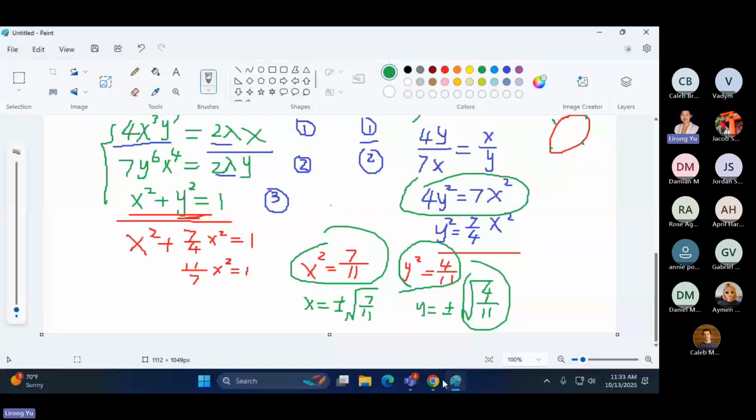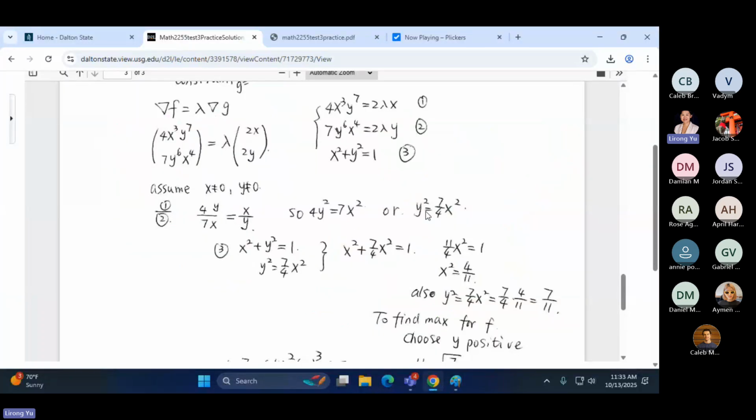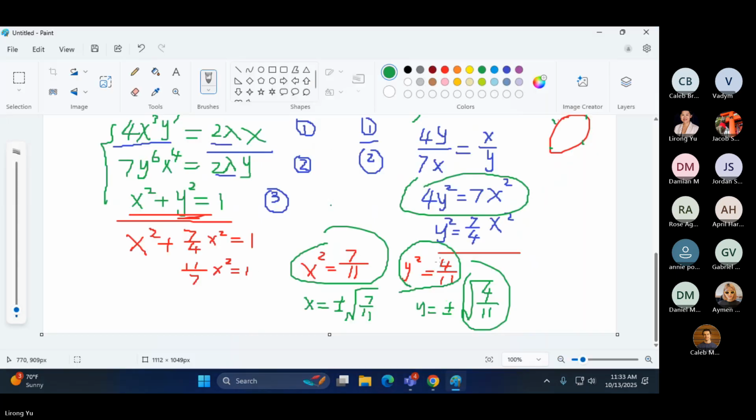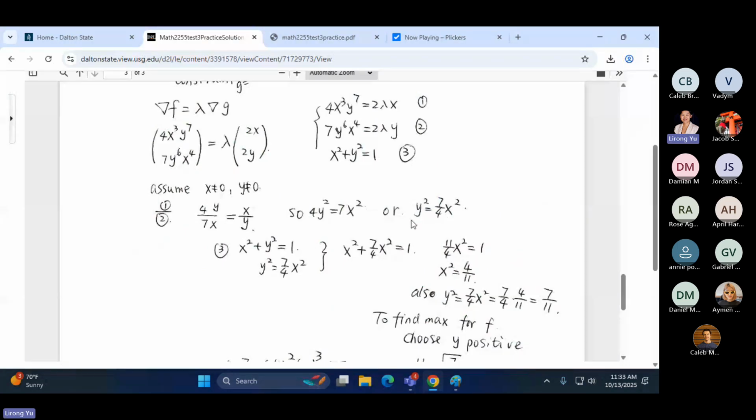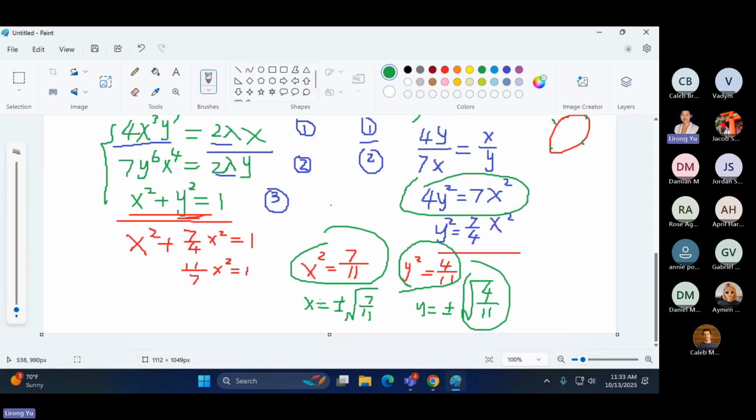And then y squared is 7/4 x squared, and then 11/4 x squared equals 1.